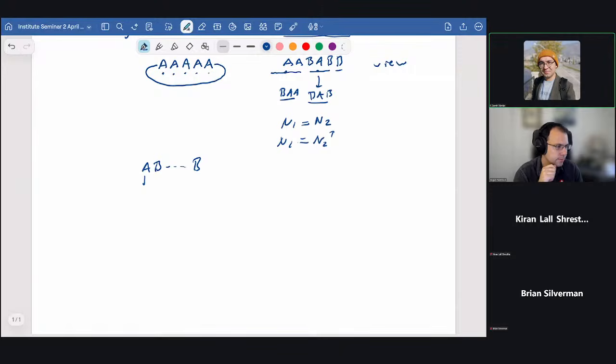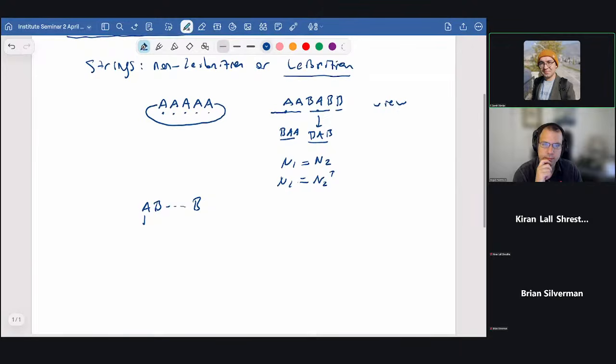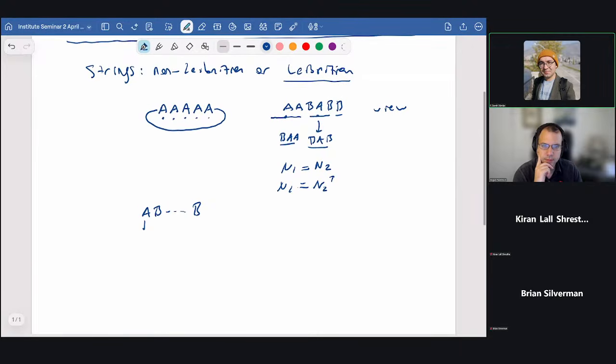That's kind of a choice, maybe one may call it. We also call such strings, where there is only a single occurrence of a specific letter, non-Leibnizian. That's the basic distinction between Leibnizian and non-Leibnizian ones.